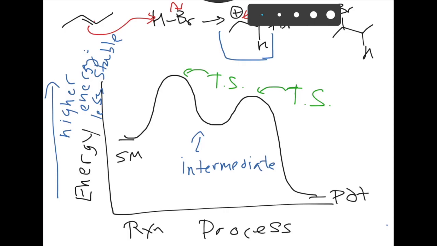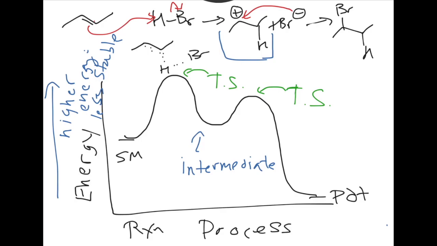Now, for this first step, where we add the HBr, the transition state is this. So dotted bonds mean partial bonds. So what this is showing is that I'm starting to break the carbon-carbon double bond.